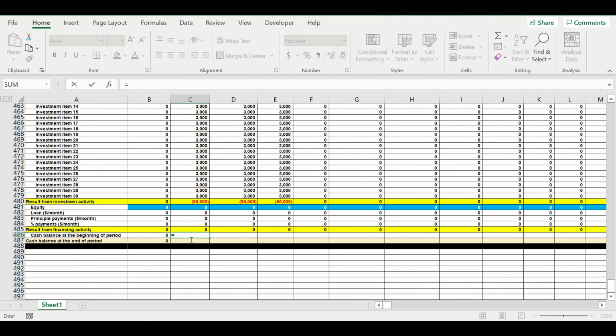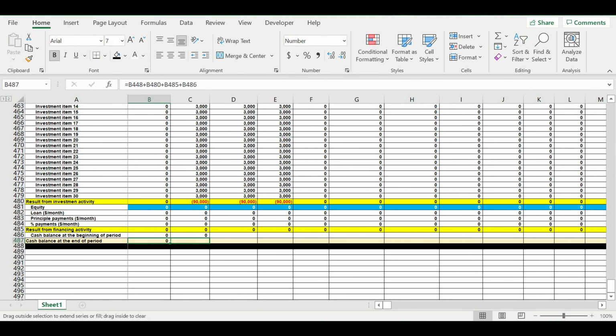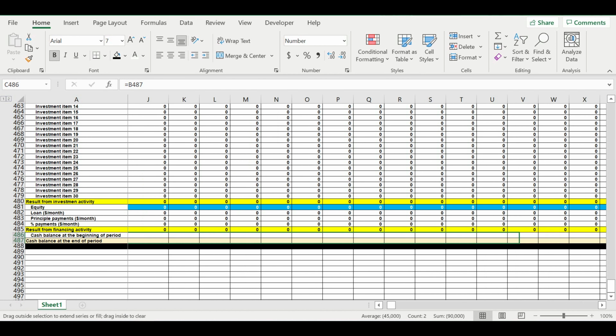Then we move this value to the next month, to the cash balance at the beginning of the period. Then we extrapolate this formula to the right.